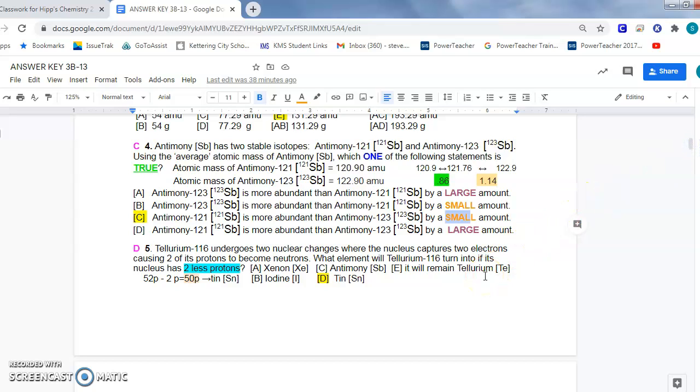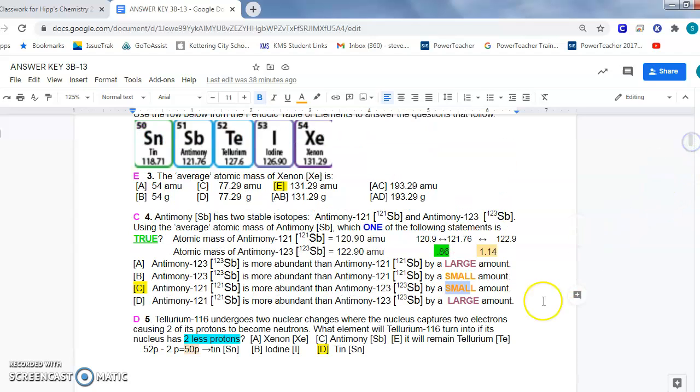Number 5, tellurium undergoes 2 nuclear changes. And in this case, they're talking about the nucleus capturing electrons out of orbit. And those electrons go into the protons. If a positive particle absorbs a negative particle, the positive and negative become neutral. In other words, the protons change into neutrons.